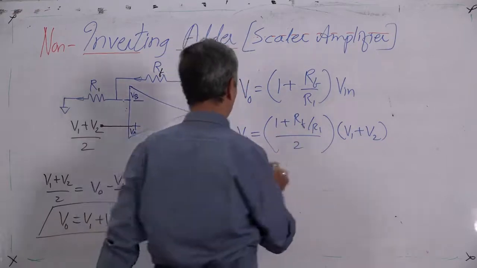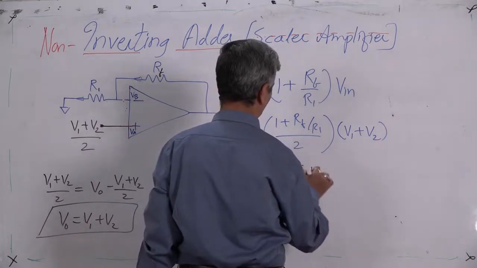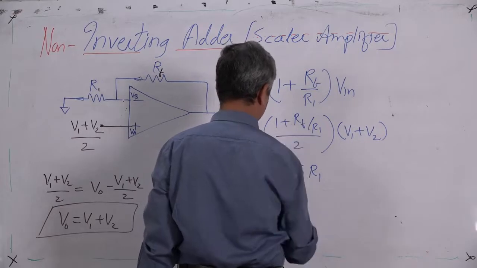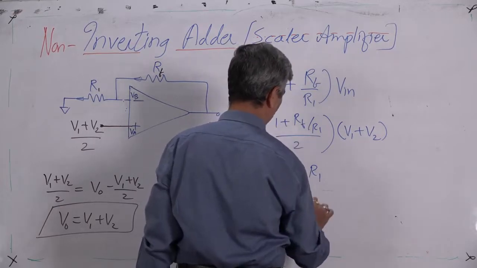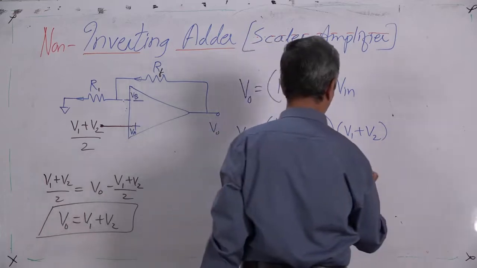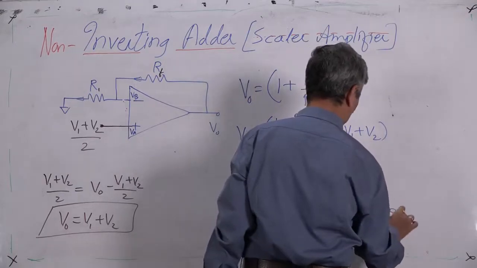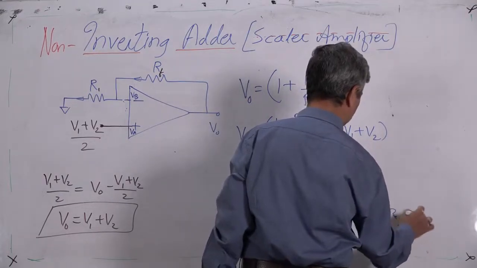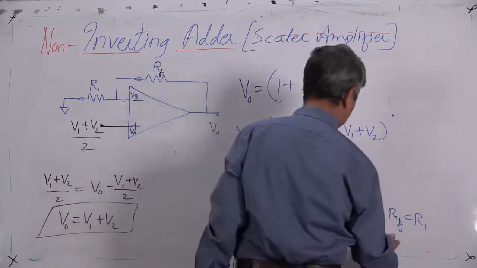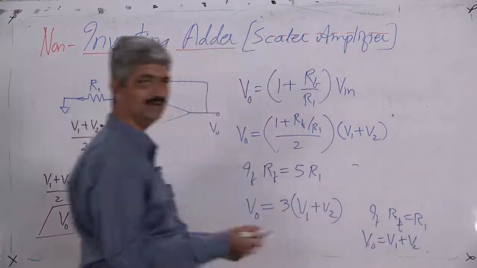So, if RF is equal to 5 R1, VO is equal to (1 plus 5), that is 6 by 2, that is 3, into (V1 plus V2). It becomes a summing amplifier. And if RF equal to R1, this becomes (1 plus 1) upon 2. In that case, VO is V1 plus V2, it is an adder. A summing amplifier with gain 1 is an adder.